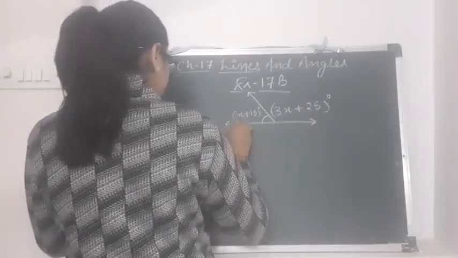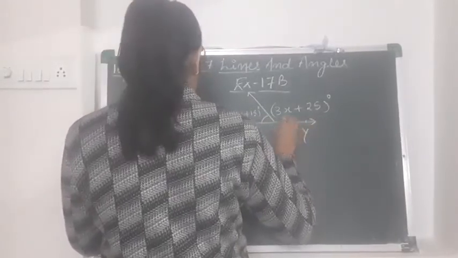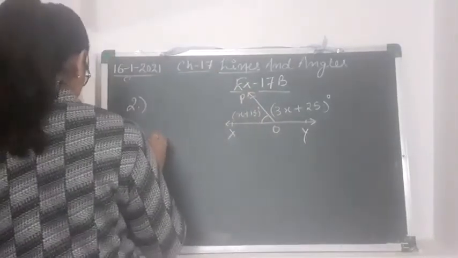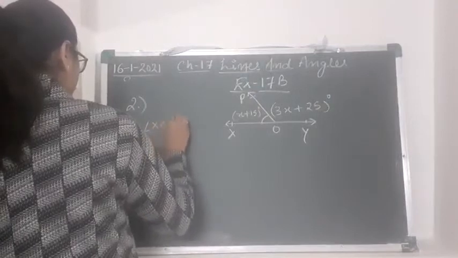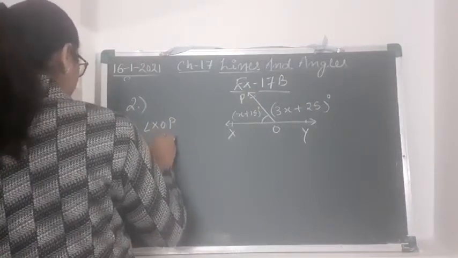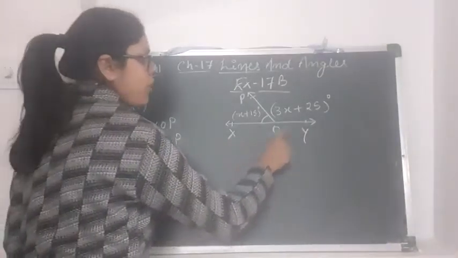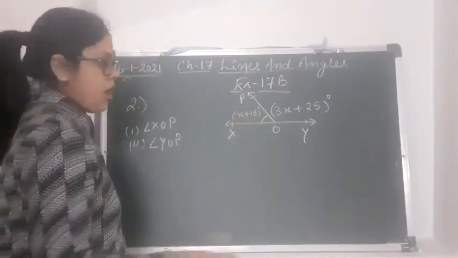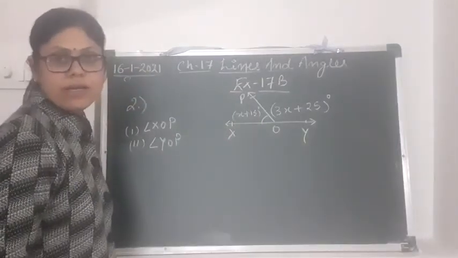This is XOYP. You have to find angle XOP, and second you have to find angle YOP. So these two angles you have to find. Now you can see XOY is a straight line, and OP is a common arm, and XO and OY are the opposite rays. Again they are forming a linear pair.